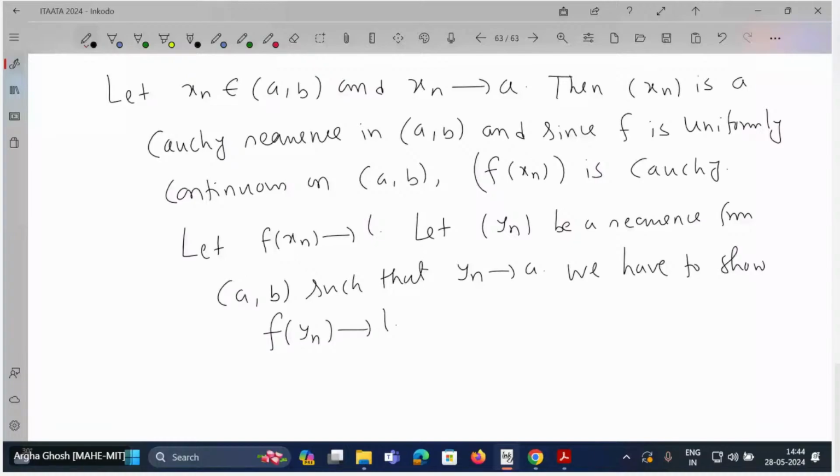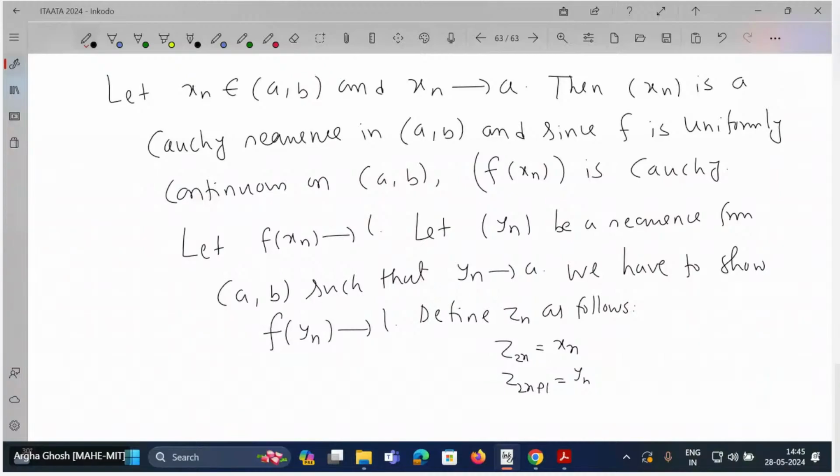So we'll construct a new sequence. Define zn as follows: z of 2n equals xn and z of 2n plus 1 equals yn.